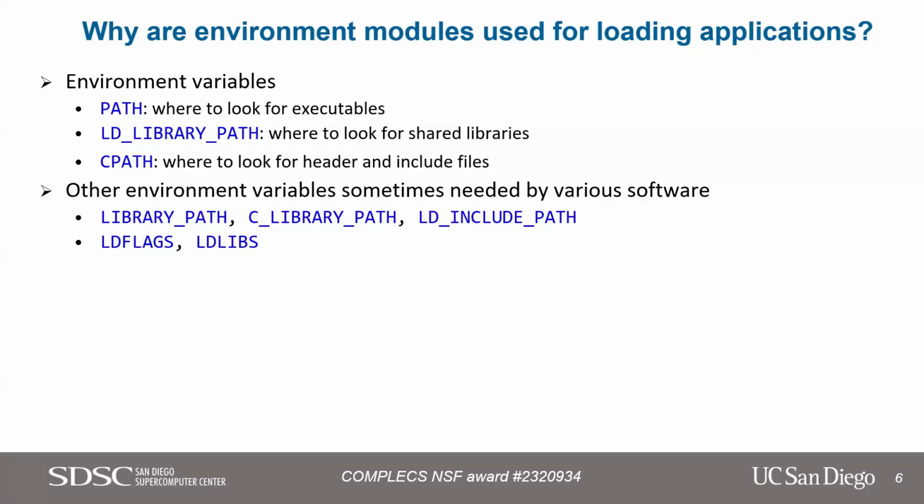The LD_LIBRARY_PATH helps you find where to look for shared libraries, and the CPATH tells where to look for the header and include files. Of course, there are a few other environment variables that can be used to access your applications or libraries.